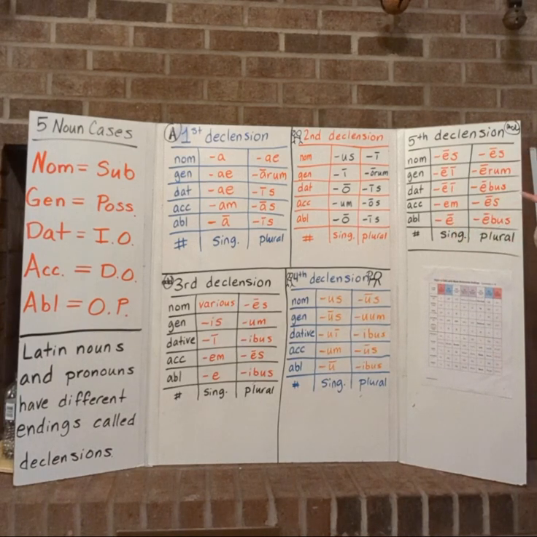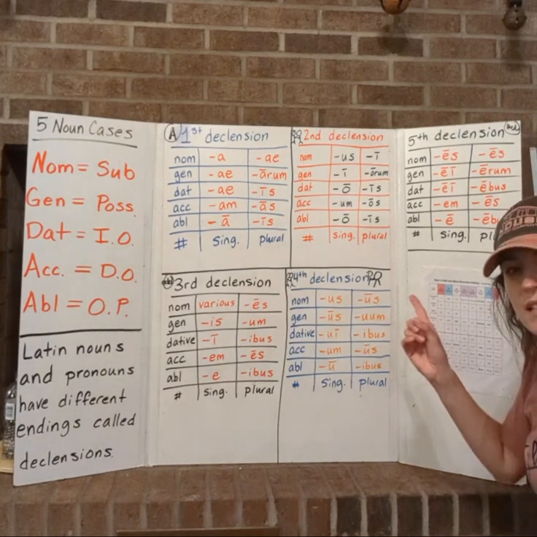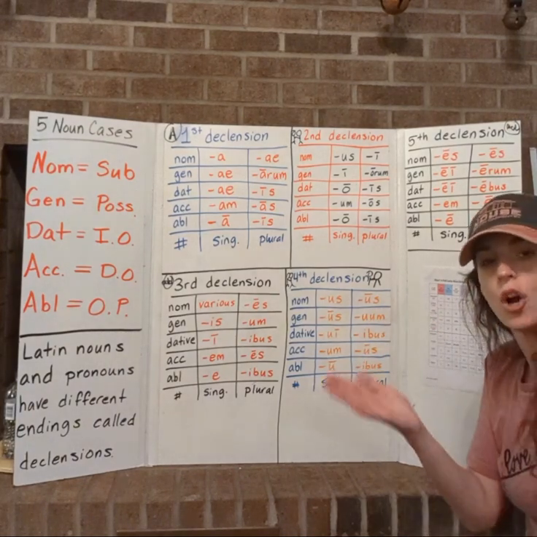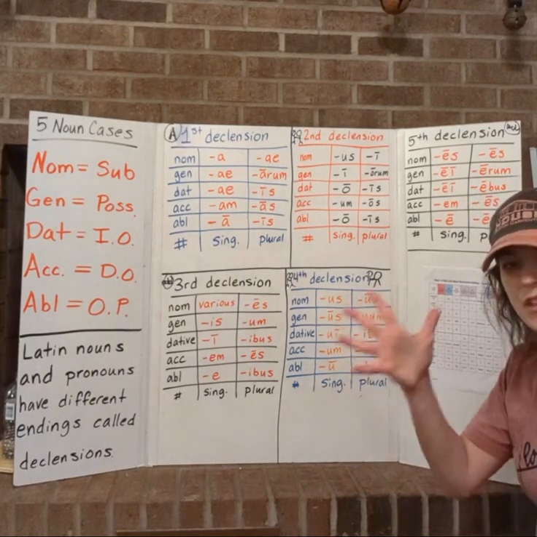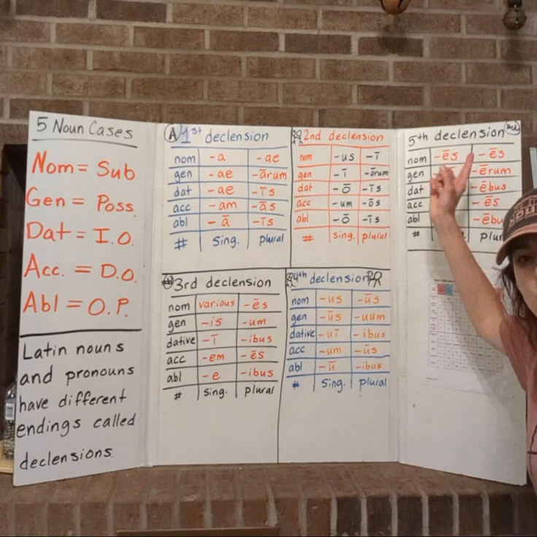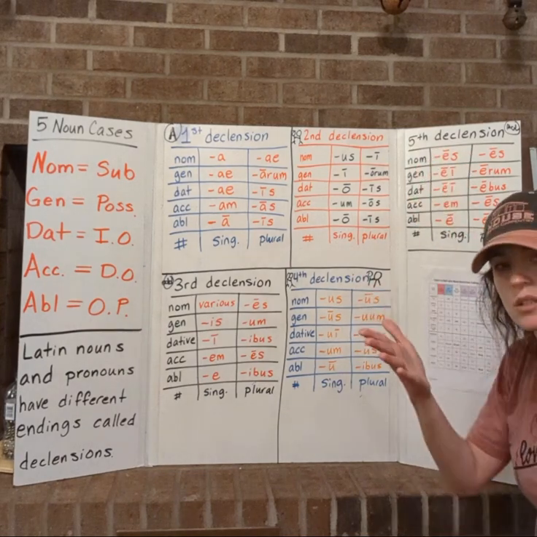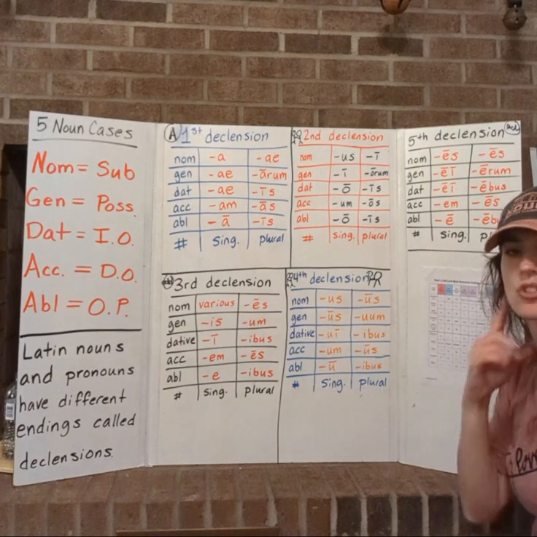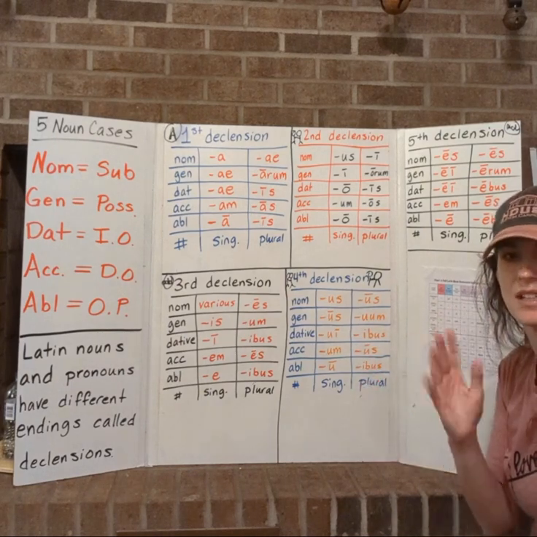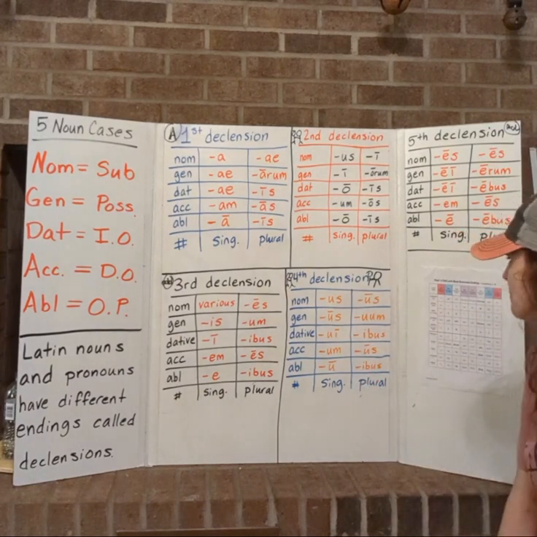Ace, arum, abus, ace, abus, plural fifth declension. And ace is the highest card when you're playing games, when you're playing a card game. So fifth is the highest declension, and it begins with "ace." So ace, A-E. So ace would be the fifth declension because it starts with "ace," because ace is the highest card in a card game.